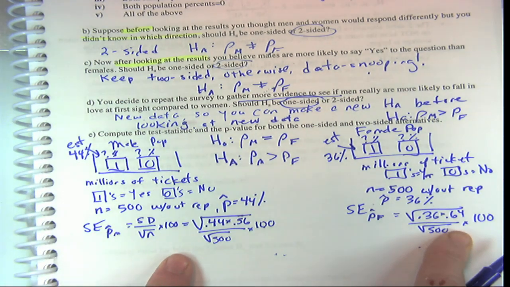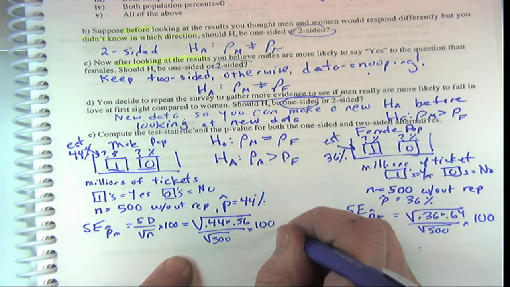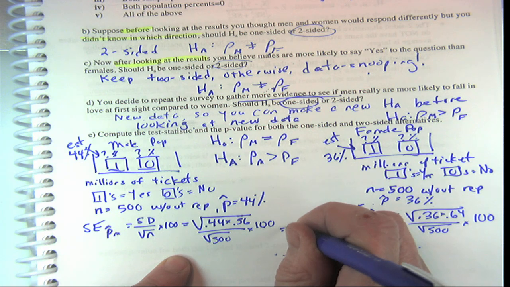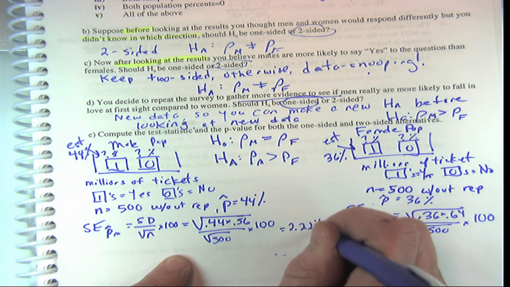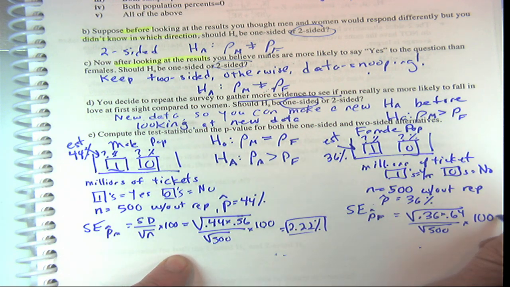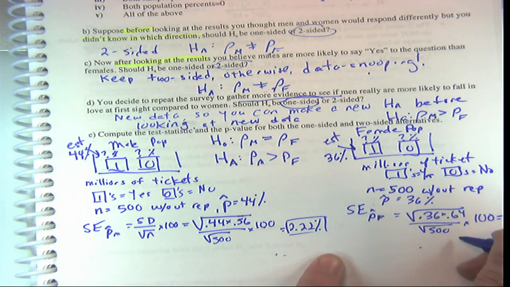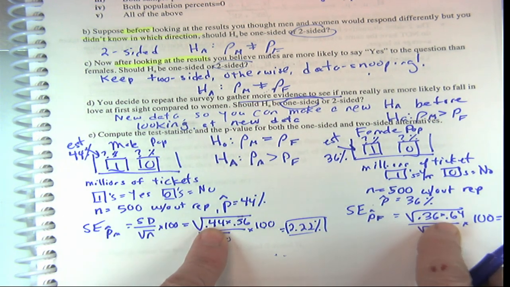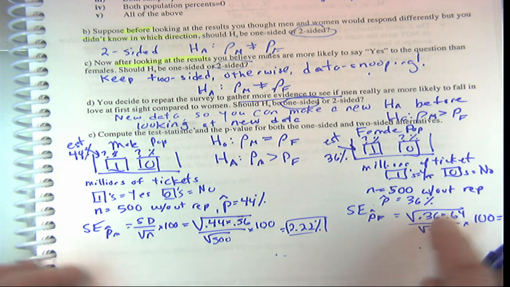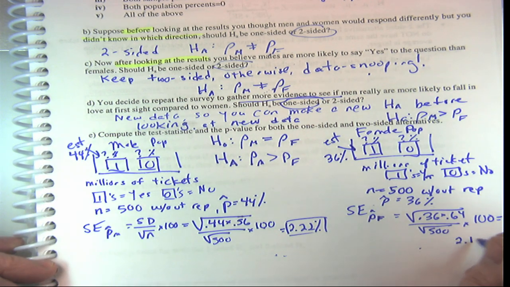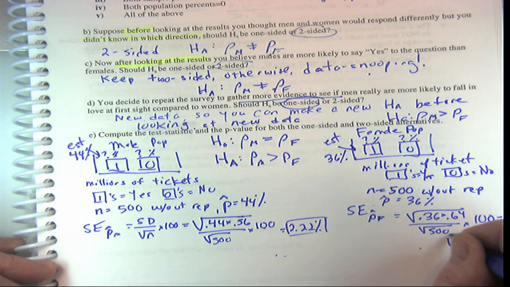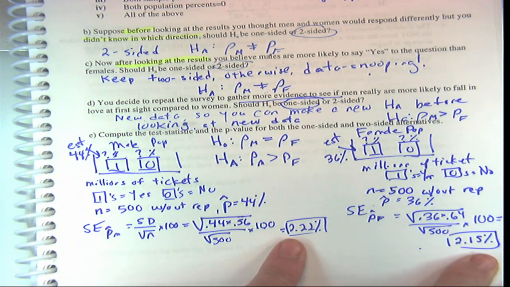Okay, so we have those two. This one is 2.22%. That's one standard error. And this one was almost the same, just slightly less, because this standard deviation is slightly less. That was 2.15%. So that's all we're doing here.